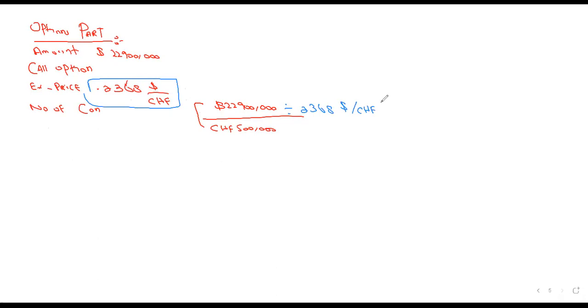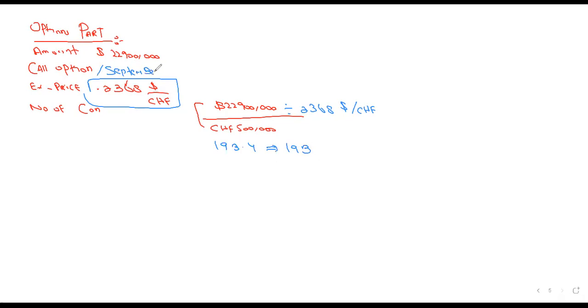How many number of contracts? 193.4. But we will take 193. And as we have said, the call options, which call option? September call options.